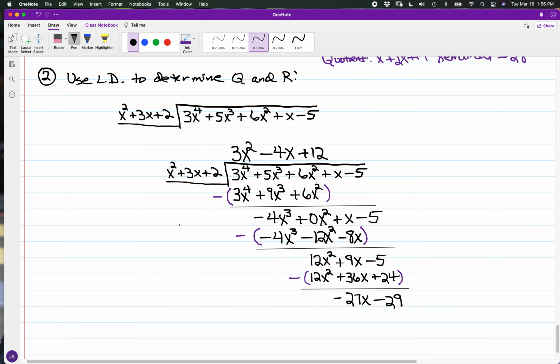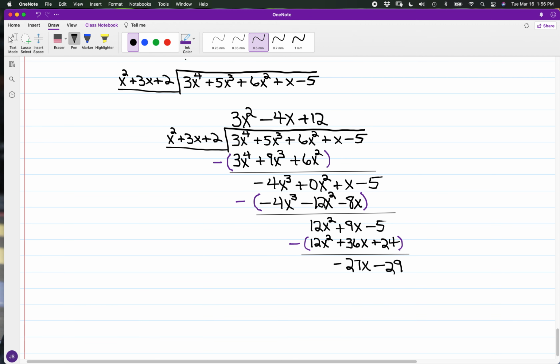Notice that negative 27x is less in degree than x squared, so I cannot take x squared into negative 27x. So for the quotient, the set of terms at the very top will be 3x squared minus 4x plus 12.